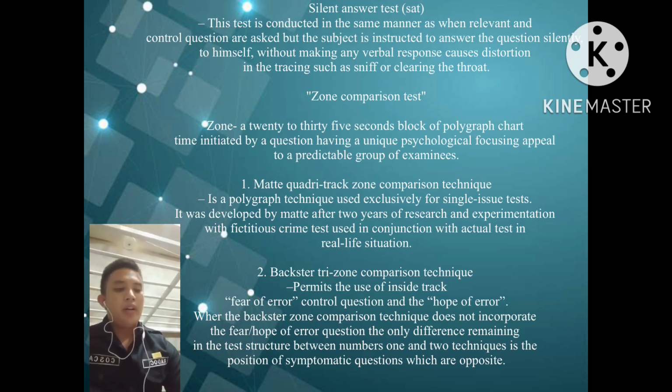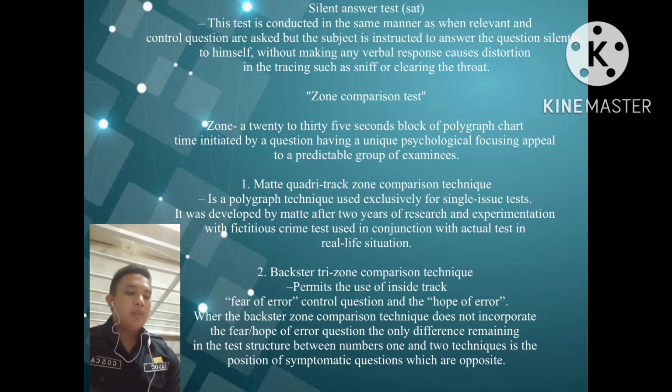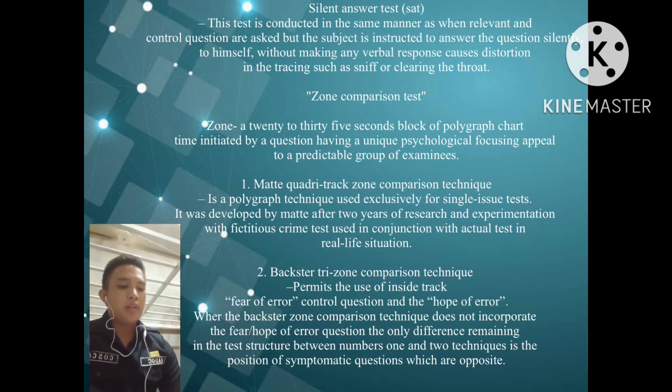So there are variations of the zone comparison test. One is the Matte quadri-track zone comparison technique, a polygraph technique used exclusively for single issue tests. It was developed by Matte after 2 years of research and experimentation with fictitious crime tests used in conjunction with actual tests in real life situations.